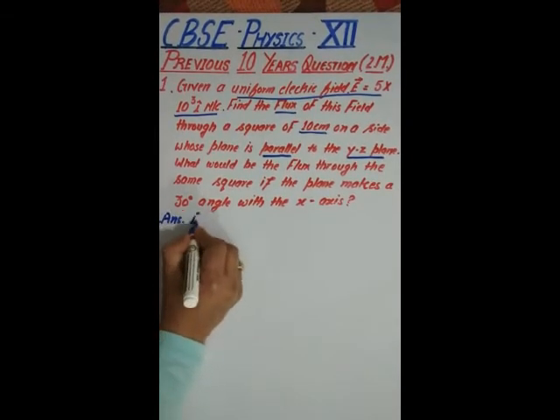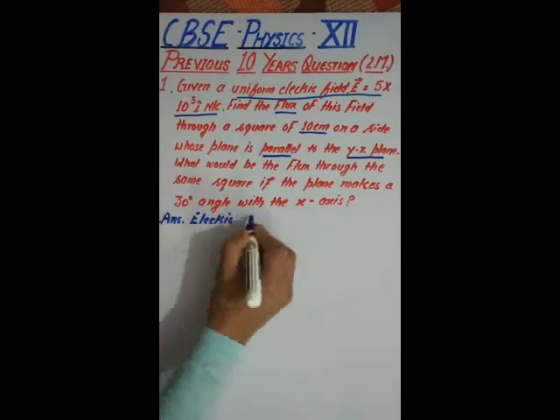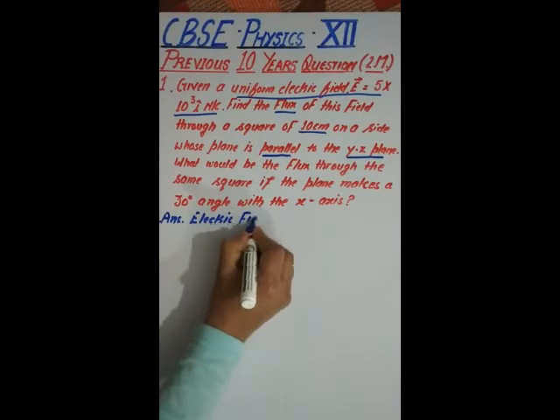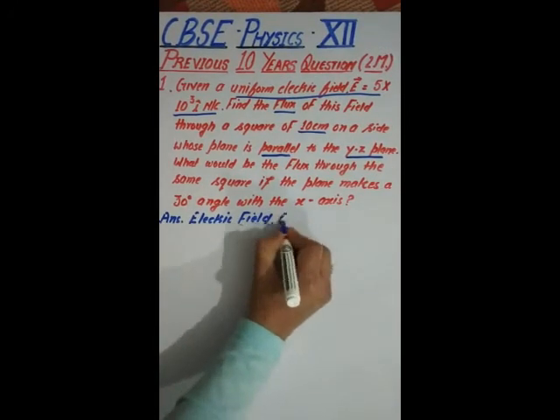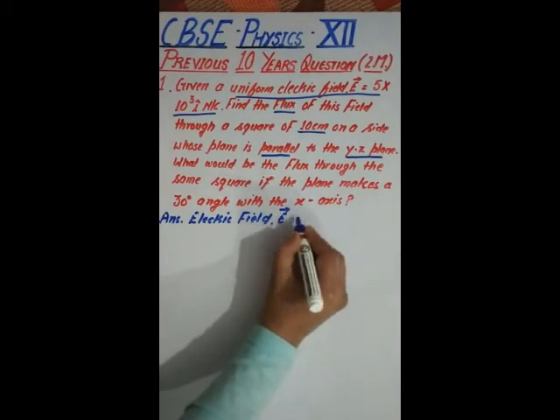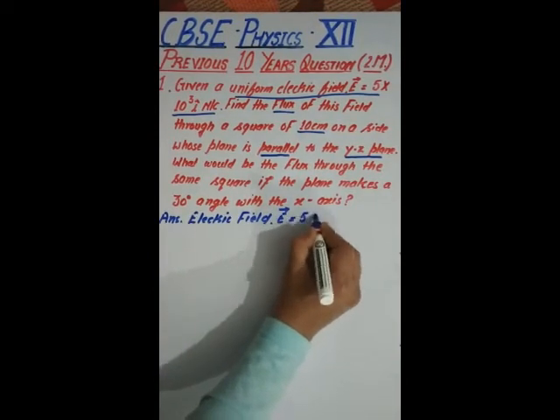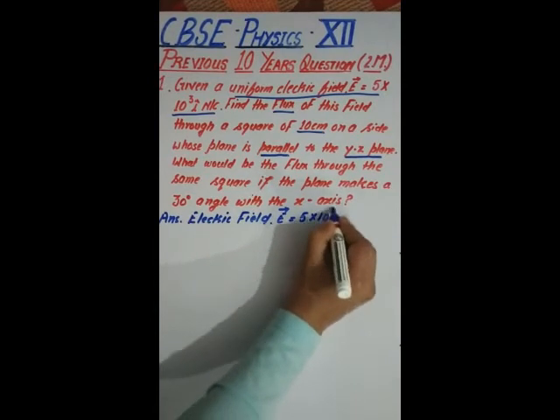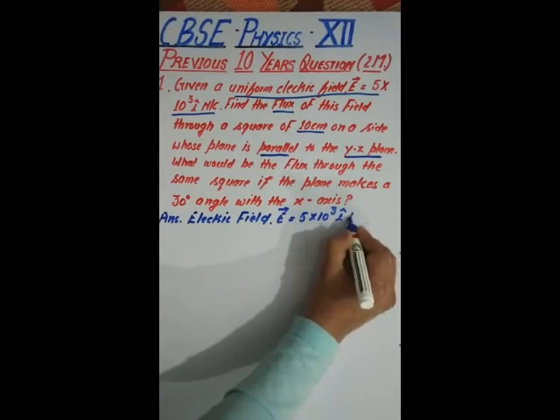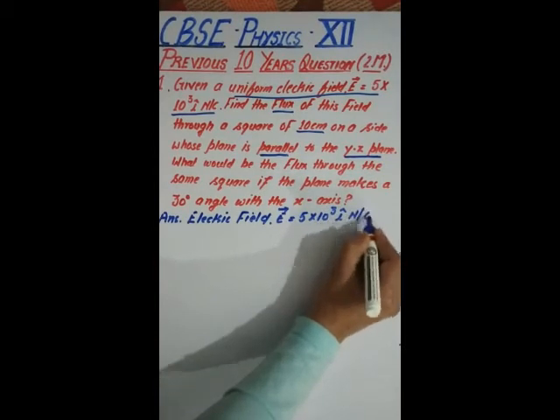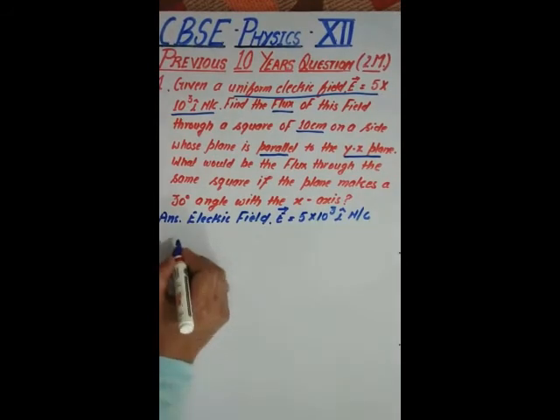Electric field, E vector equals 5 into 10 to the power 3 i cap Newton per coulomb. They have given us the side.